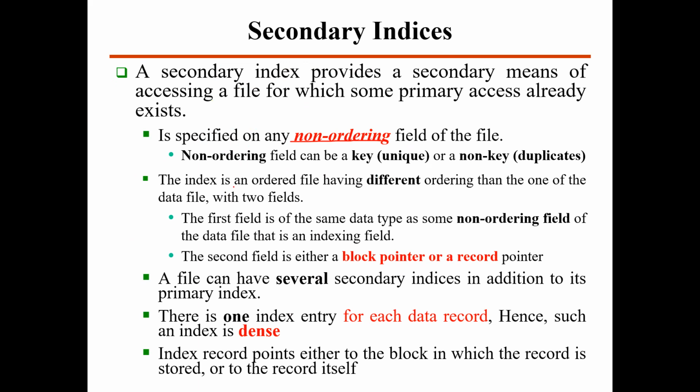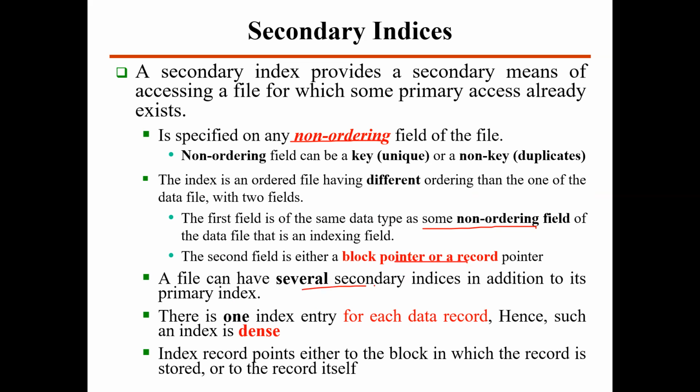It is an index on an ordered file with a different ordering than the field you have selected. The first field is the non-ordering field of the data file, and the other one is the block pointer or a record pointer.